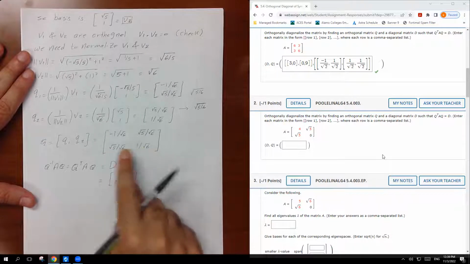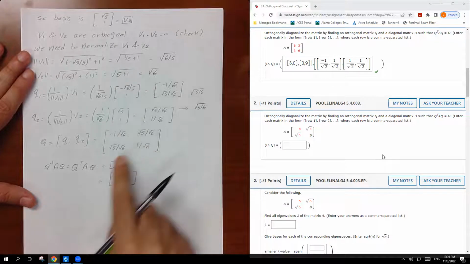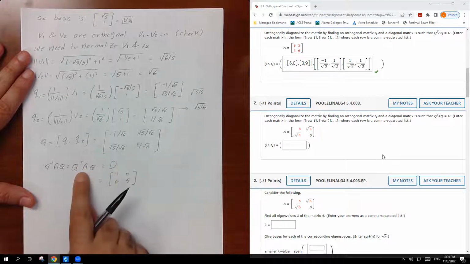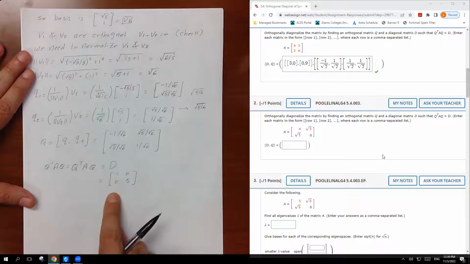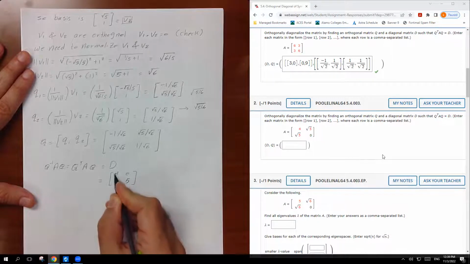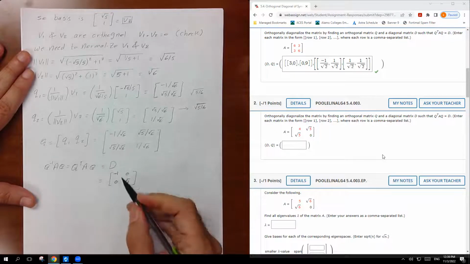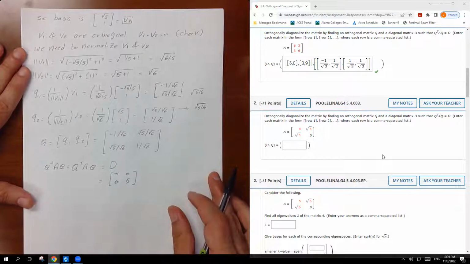That means if you multiply the transpose of this matrix times the matrix A times Q, we're going to get the diagonal matrix, which is equal to negative 1 and 5 as the eigenvalues and 0 here. The diagonal always is going to be the eigenvalues.